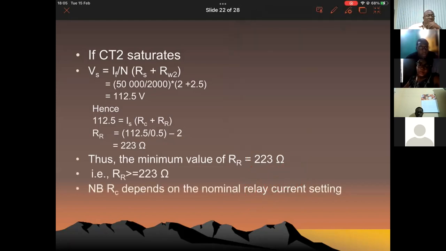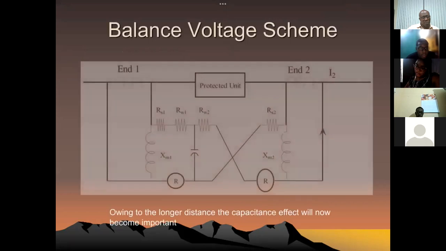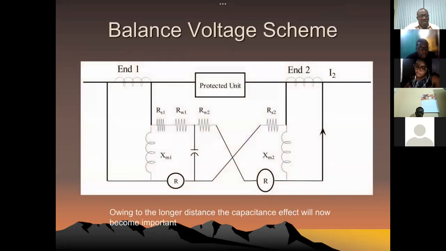Okay, beautiful. So to wrap things up, I just want to open up the voltage balance scheme again and highlight a couple of things. The voltage balance scheme is used, and I'm telling you this up front, even though I made the statement later on, primarily on feeders.